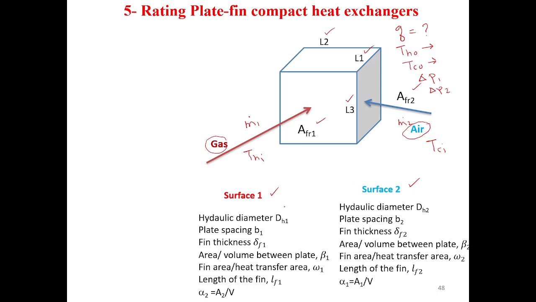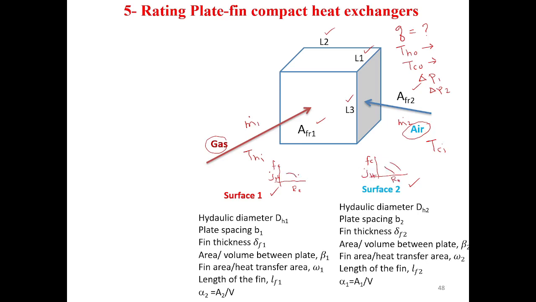Suppose you know surface 1, you know everything about it, and surface 2 also, you know everything about both of them. You also know the curve that relates Reynolds number with the friction coefficient and J for surface 1, and you also know the friction coefficient and JH for surface 2.